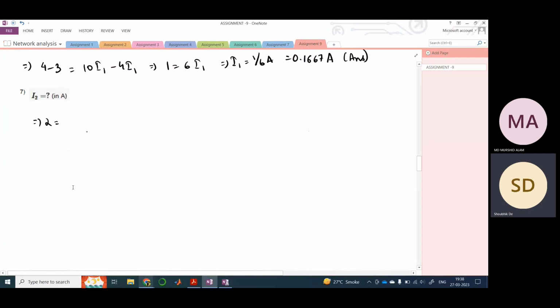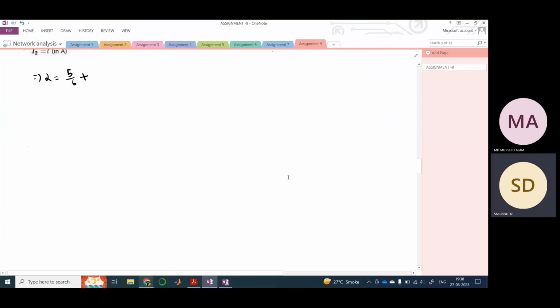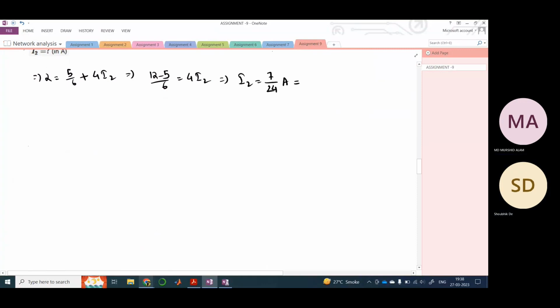So I1 was 1 by 6. Therefore, 5 by 6 plus 4 I2, I think. Yeah, 4 I2. So this would be 2 minus 5 by 6 equals 4 I2. I2 would be 7 by 24 amperes.